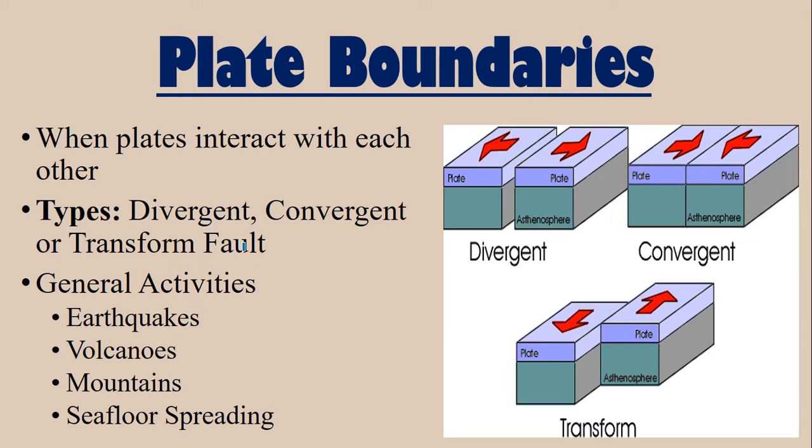Then I pull them apart for divergent, and then I take both hands and slide them past each other for transform fault. And you'll understand what these movements mean when we get into the plate boundary movements. But some general activities that can happen at plate boundaries: earthquakes, volcanoes, mountains, and seafloor spreading.